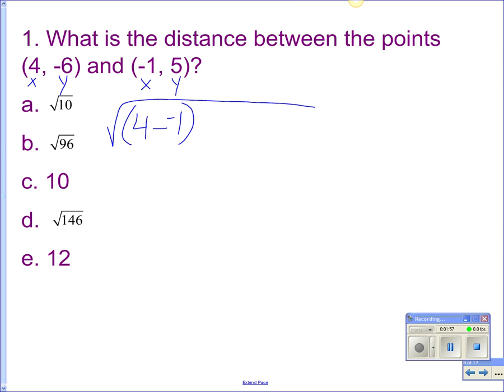A squared. And then what goes after the parentheses? A plus, parentheses. And then in the next one, it's y minus y. What's the first number that's going in for y? -6. And then it's a minus 5, parentheses. What goes after the parentheses? Squared.